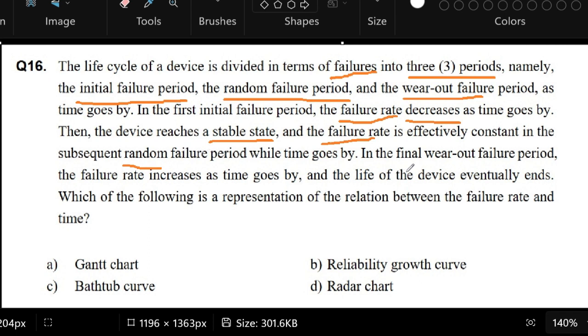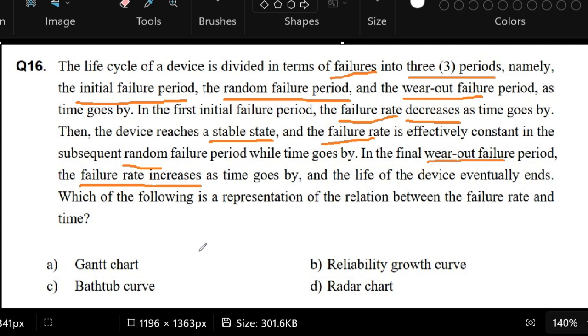And then finally, we have the wear out failure period, where we can see the failure rate increasing as time goes by. So given these inputs, what can we say about the representation of the relationship between the failure rate and the time?